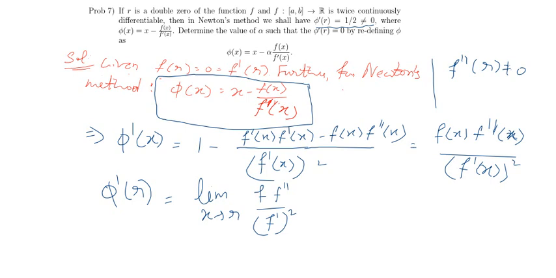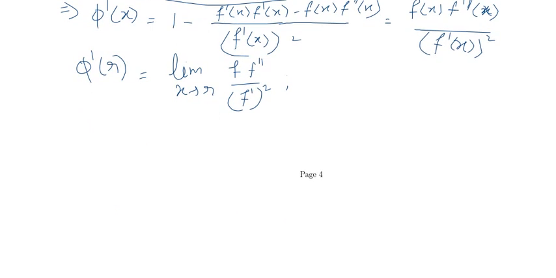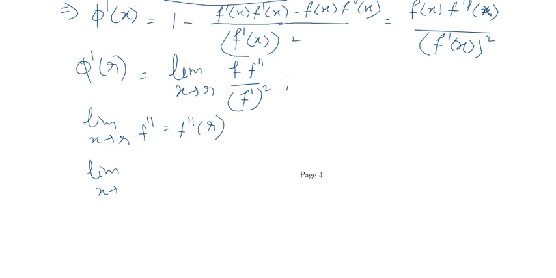So note that limit x tends to R of f double dash is f double dash of R. Now limit x tends to R of f divided by f dash whole square.